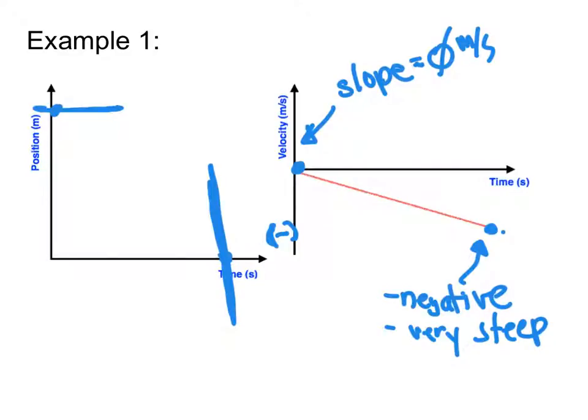So we cannot have that. We want to make sure that we have tangent lines. So let's try the other curve. Instead of a sideways upside down opening, we're going to go with a downwards opening parabola. And yes, that certainly works. That would give us a position versus time graph that matches this velocity time graph here.